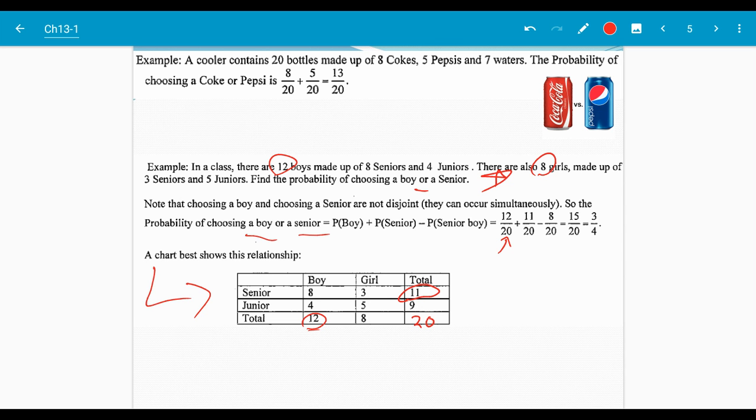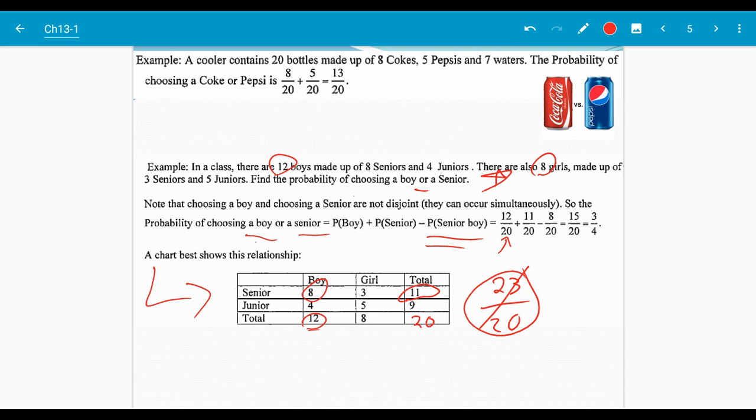But if we look at this right now and ignored that these were not disjoint, 12 plus 11, we're at 23 out of 20 students in the class. This probability exceeds 100%. We know that that cannot happen. And that reason is we've counted senior boys twice. Okay? We need to subtract away the overlap that a selection is both a senior and a boy, of which there were 8. So that probability is 8 of the 20 students in the class that we're removing.